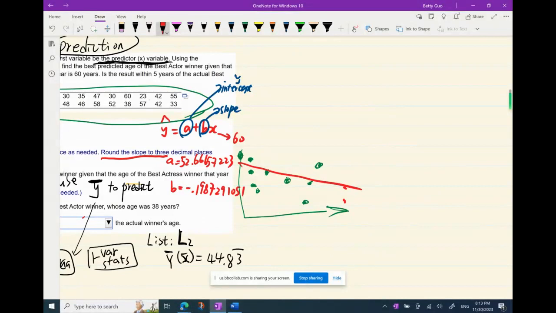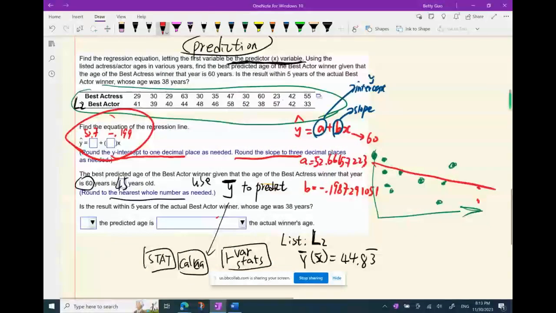Okay, guys, you could enter this equation in y1 and look at it yourself.